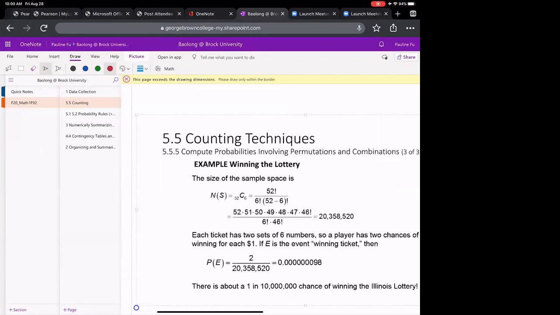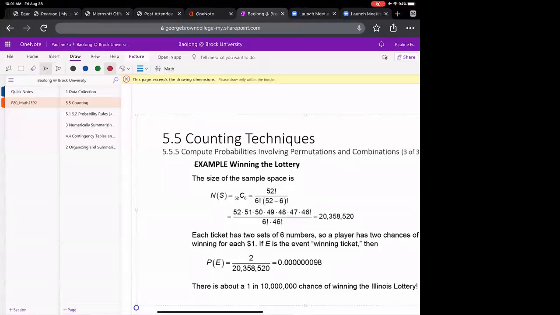First, we figure out the size of the sample space, which is a combination. Choose 6 from 52 equals 52 factorial divided by 6 factorial times (52 minus 6) factorial. With a little calculation, you come up with 20,358,520. That is the sample size.